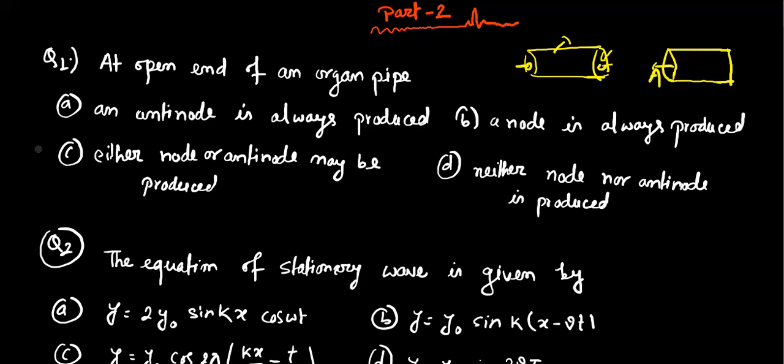Let us read: an antinode is always produced. The rest are incorrect, because option B says a node is always produced, which is not possible. Either node and antinode may be produced, this is also not possible, and neither node, so this is ruled out. That's why we can say that option A is correct.